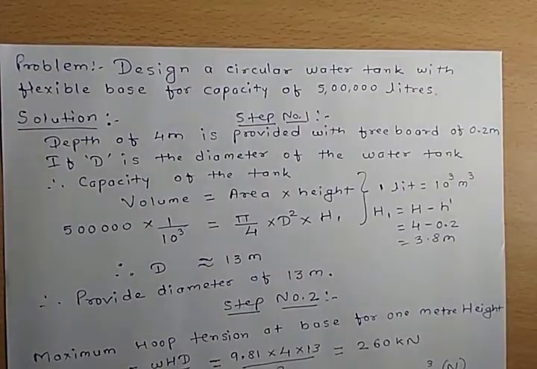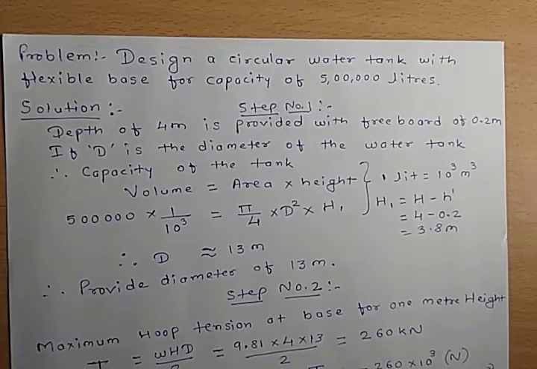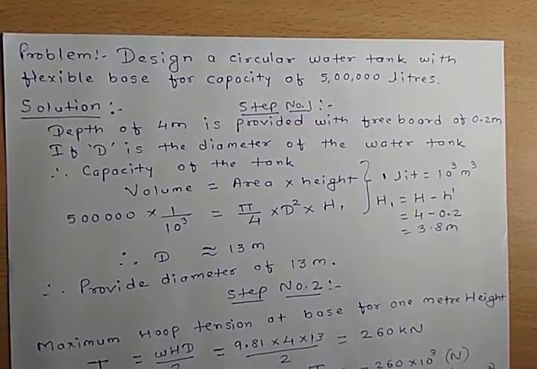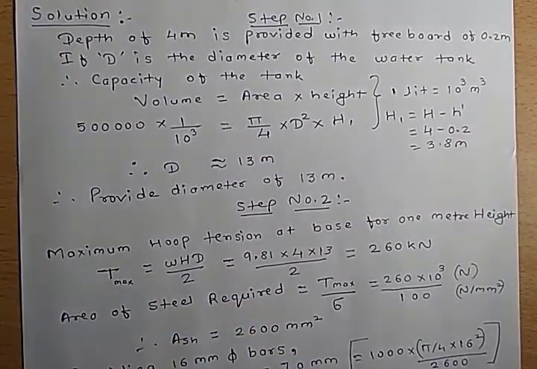And we have gone through the solution, step number 1, where we have used the depth of 4 meter assumed, and then we have gone through the calculation of D using the volume formula.